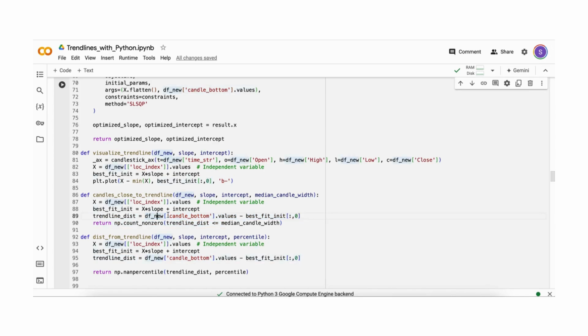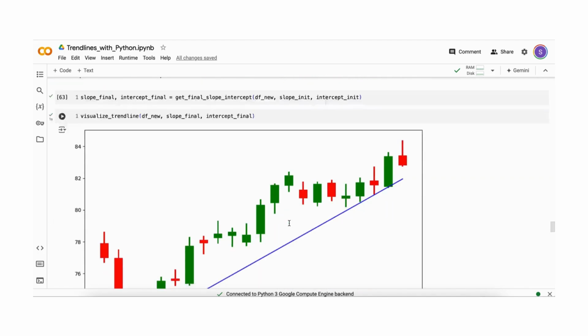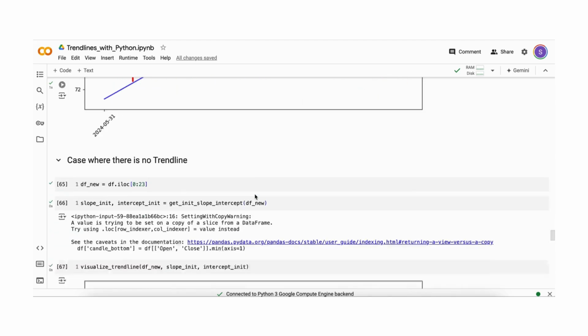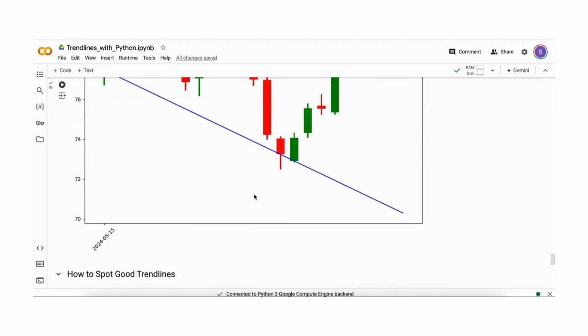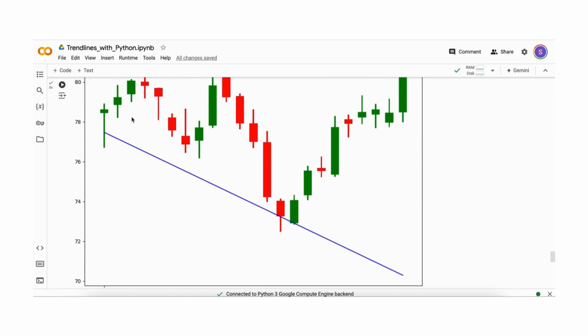That distance is what we call the distance from the trend line, and then we calculate how many of these distances are below the median candle width. So we calculate each of these distances here and ask ourselves how many are below the median candle width. This is a case of a good trend line, where a number of distances should be below the one median candle width, but in a bad trend line case, there will be a lot of candles far away from the trend line.